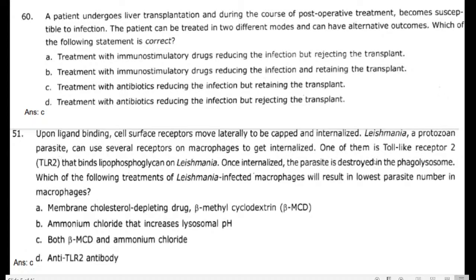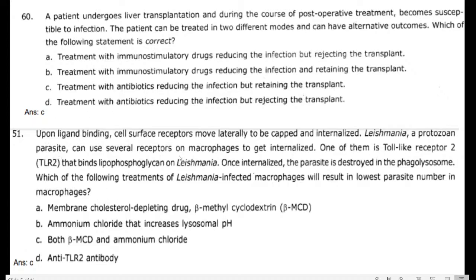One of them is the toll-like receptor that binds lipophosphoglycan on Leishmania. Once internalized, the parasite is destroyed in the phagolysosome. Which of the following treatments of Leishmania infected macrophages will result in the lowest parasite number in a macrophage?